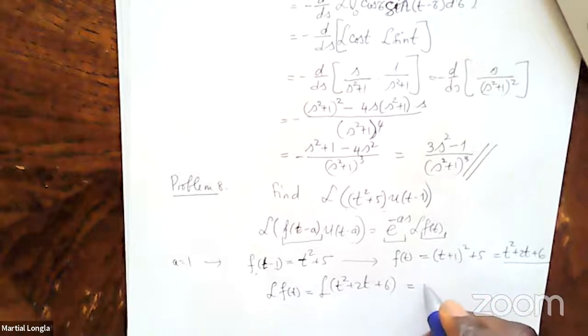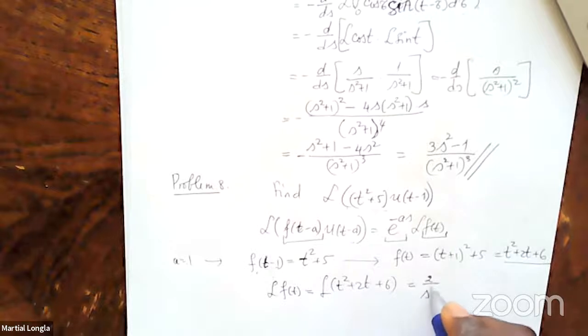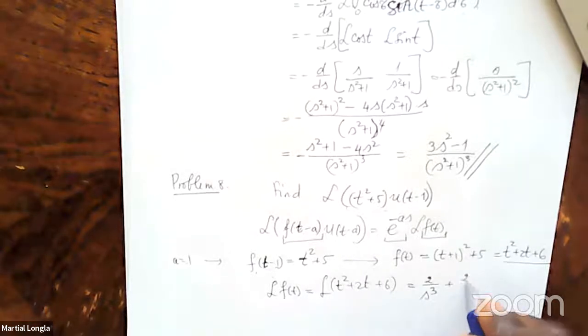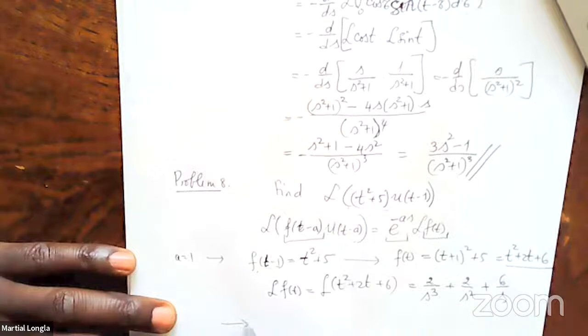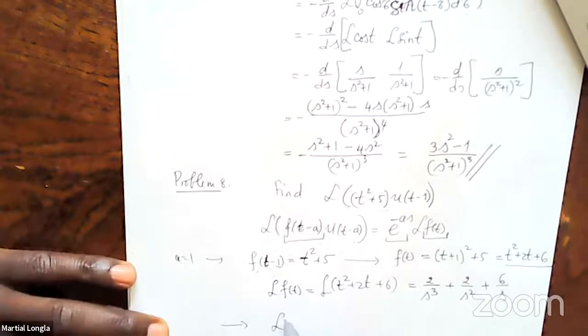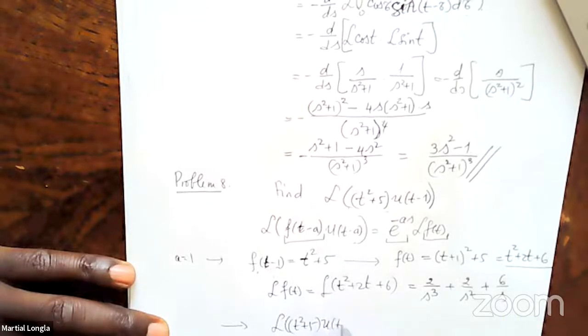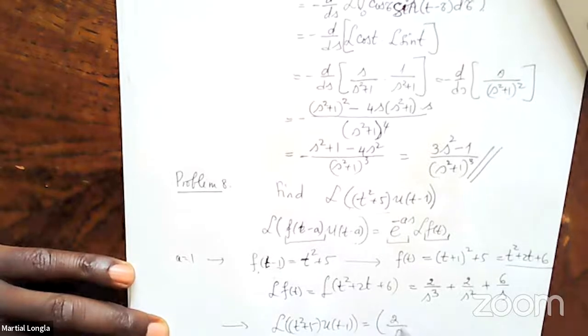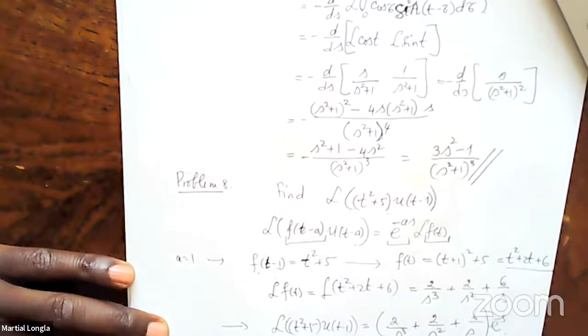Laplace transform of t squared is what? 2 over s cubed, 2 over s squared, 6 over s. And so the Laplace transform of (t squared plus 5) u of (t minus 1) equals (2 over s cubed plus 2 over s squared plus 6 over s) e to the minus s. That's it.